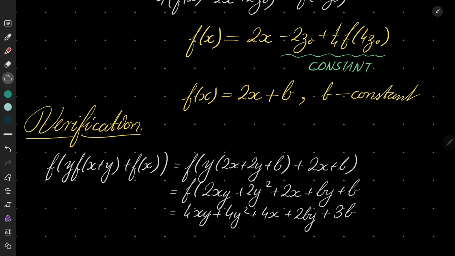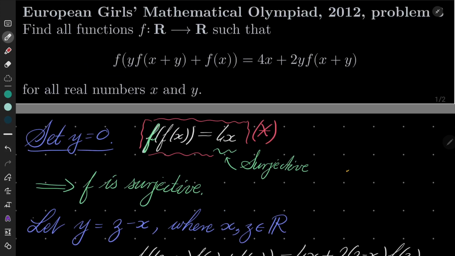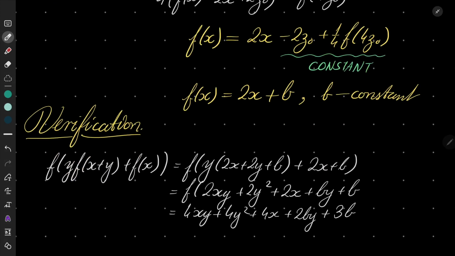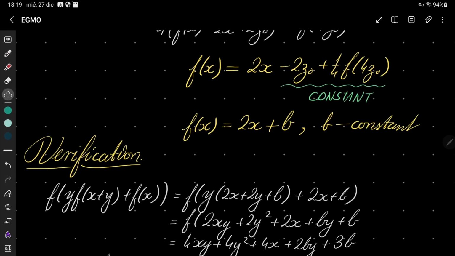Okay, and on the right-hand side, we had 4x plus 2 times y times f of x plus y. And if we put our formula here, we get 2x plus y plus b, and that is, I'm running out of space unfortunately, so add a new page. Perfect.